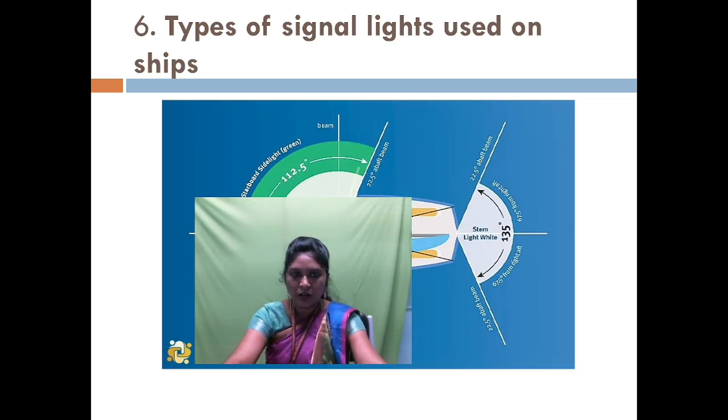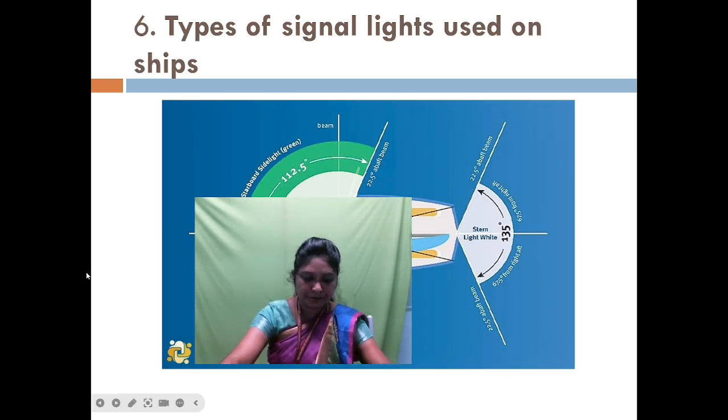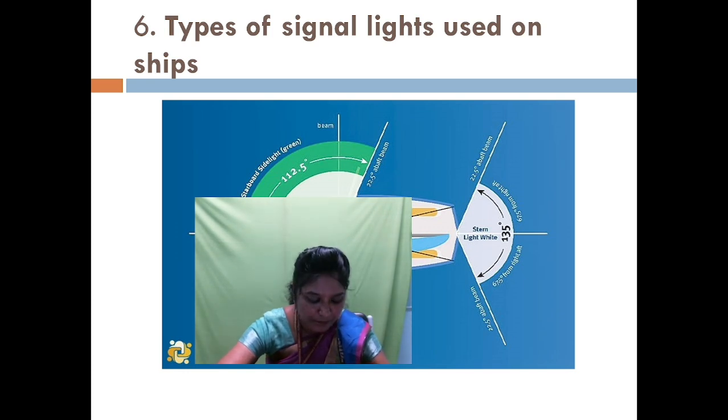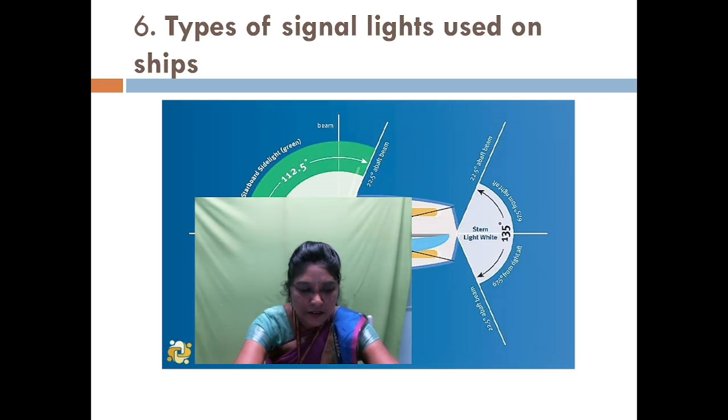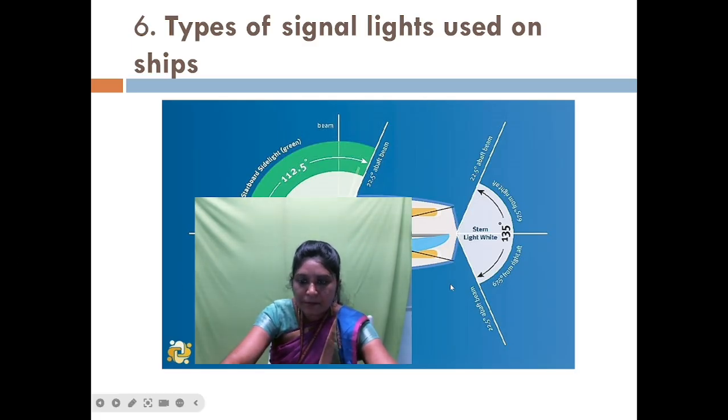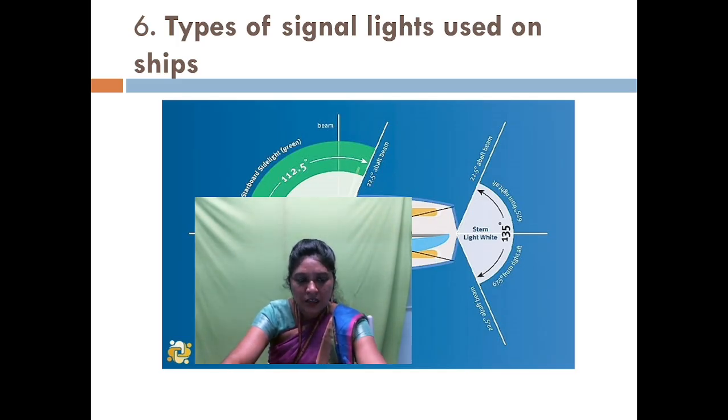So we are going to discuss the types of signal lights used on the ship: masthead, stern light and the starboard, aft, and the ship aground. We will classify the visible range for these lights and their indications. They are available in red, green, white and blue lights.